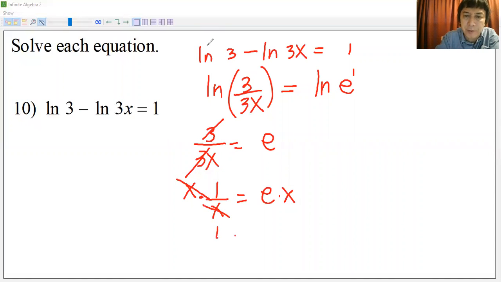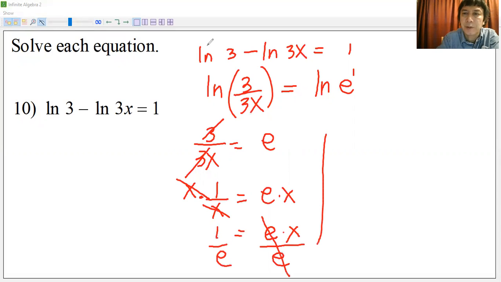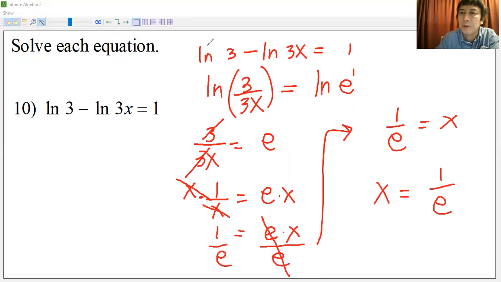We will just have 1 equals e times x. And then we shall divide by the e, and our x is equal to 1 over e.